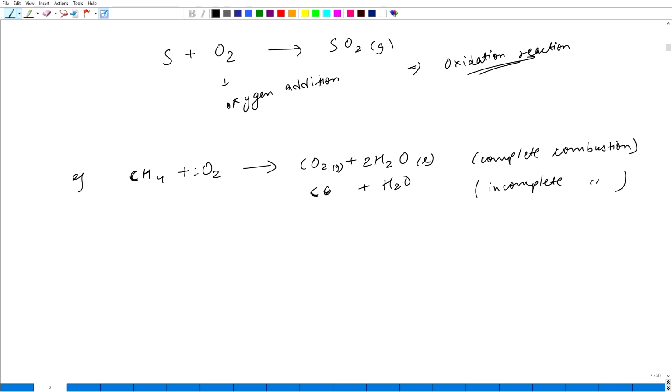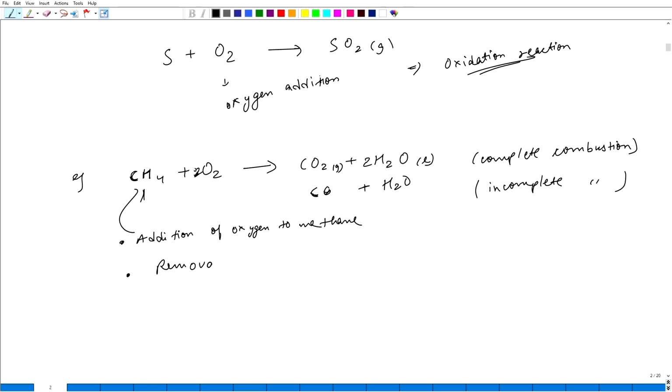Now, if we carefully observe this reaction in particular, what you will see is that yes, there is addition of oxygen to methane, this has been the case here. Plus one more thing is removal of hydrogen.